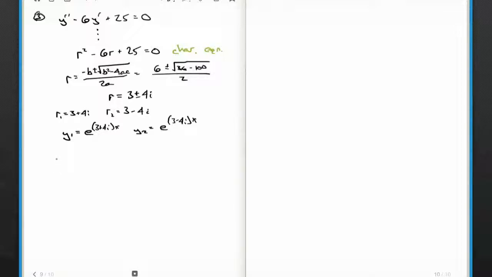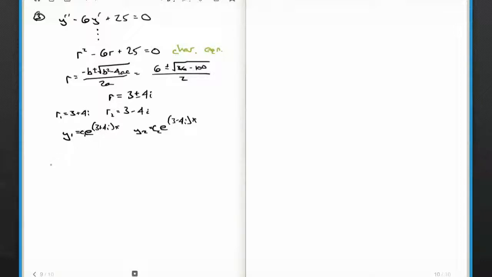How are we going to write this out? We could say y equals, oh, I forgot the C1 and the C2 here. That's the problem. So that's a C1 and that's a C2. Okay. So we know that e to the (3 plus 4i)x, right? We can break that down into, remember, that will give us a sine and cosine kind of a function.